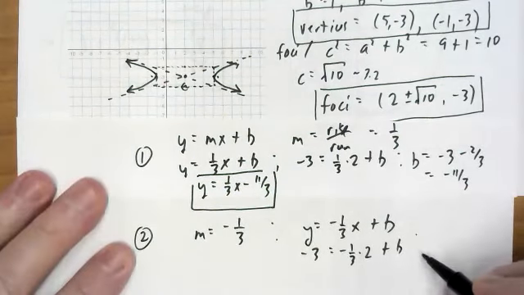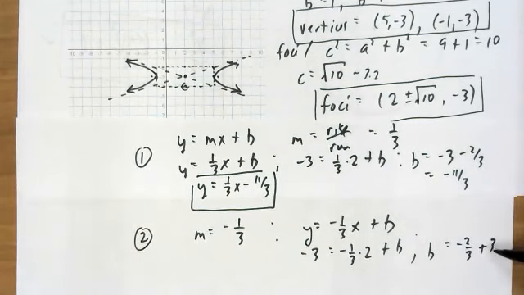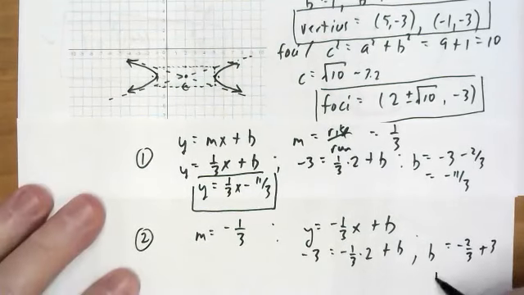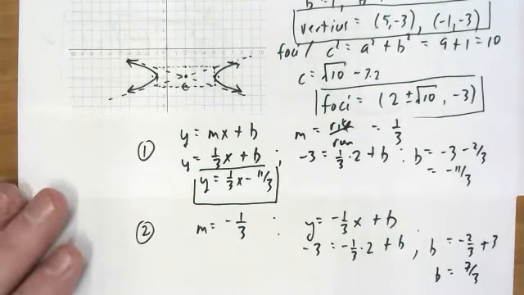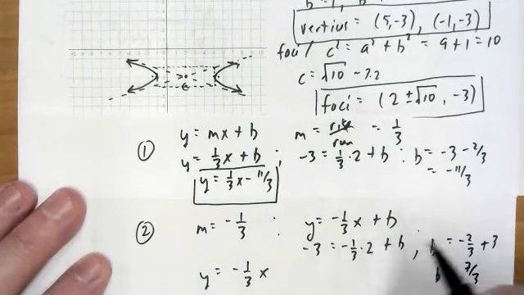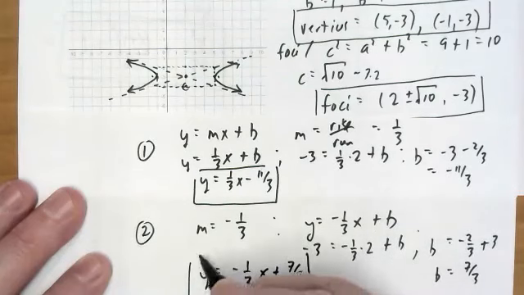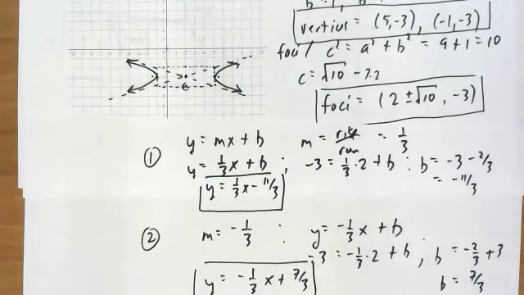Now, in this case, I'm going to have b equals -2/3 plus 3. Something like that. Looks like b should be 7/3. So the other asymptote is -1/3 x plus 7/3. Which is not quite right, I don't think.